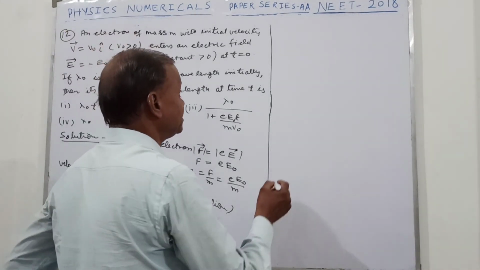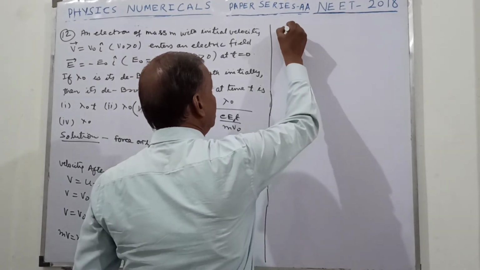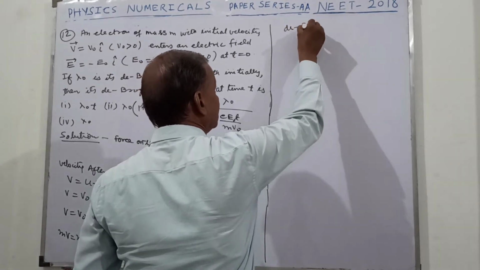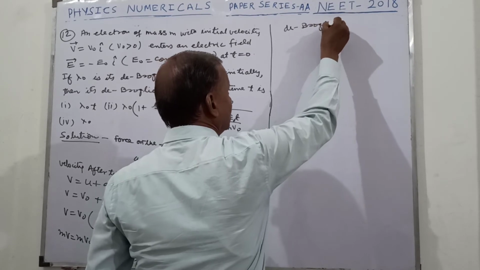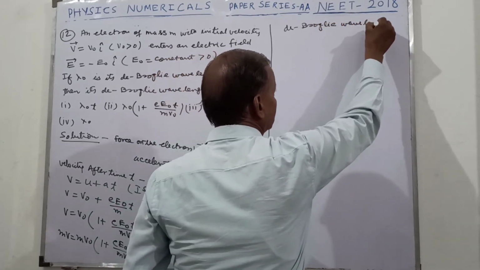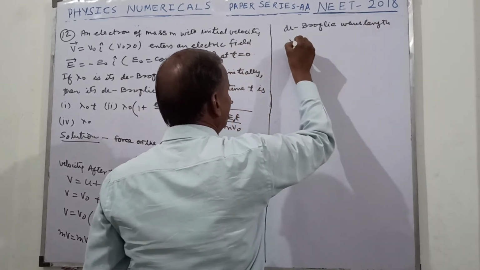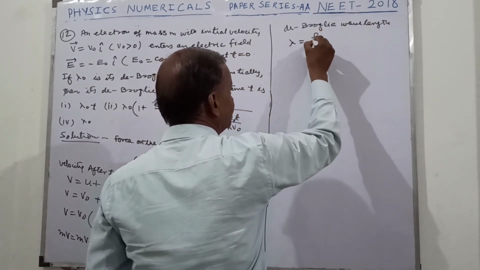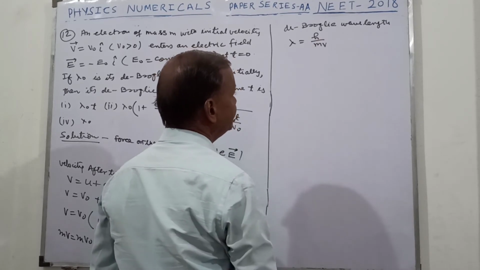And now we know the de Broglie wavelength. We know lambda equal to h upon mv.